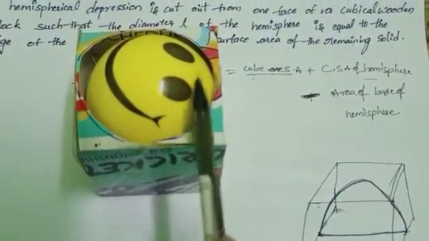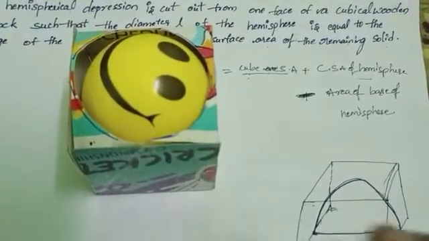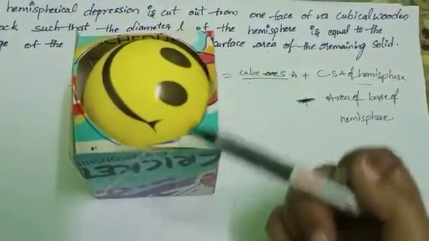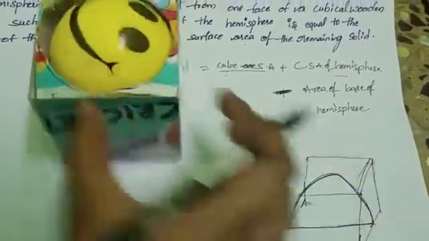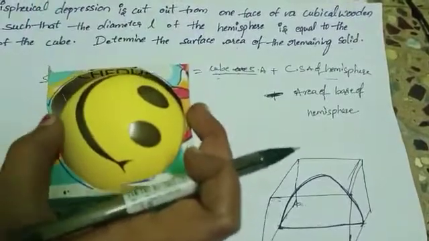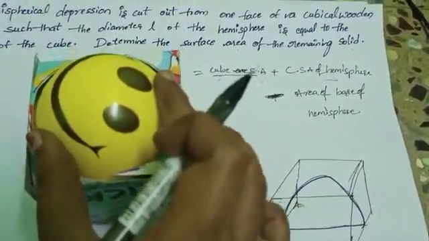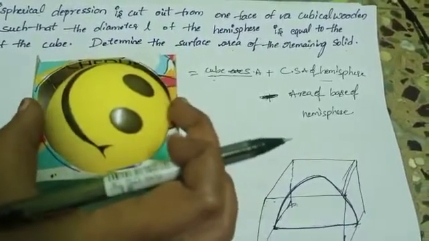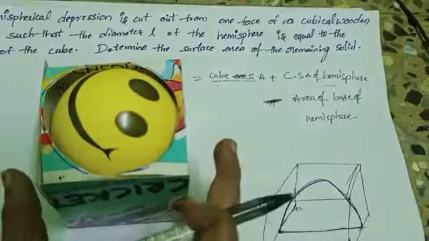The diameter of the hemisphere is L. So the side length of the cube is equal to L. In a cube all sides are equal. Here the diameter equals the side length. This distance from here to here is the diameter, which is nothing but the side length of the cube.